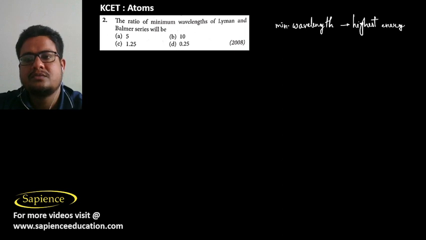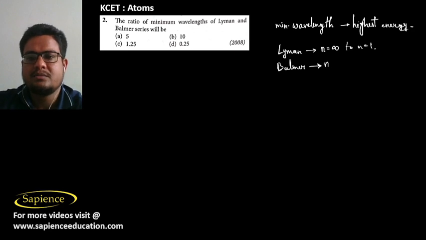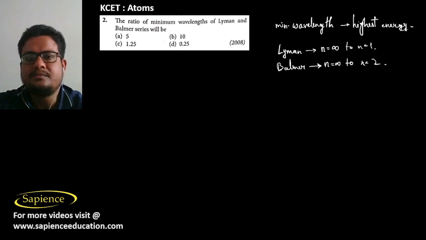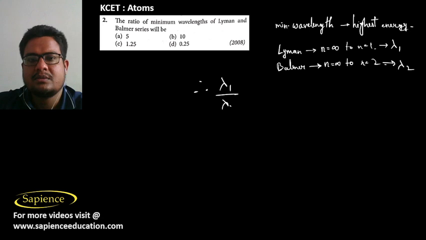The highest energy transition for Lyman is n equal to infinity to n equal to 1, and for Balmer series it is from n equal to infinity to n equal to 2. Let's say the wavelength for the Lyman series is lambda 1 and for the Balmer series is lambda 2. So we have to find lambda 1 by lambda 2.